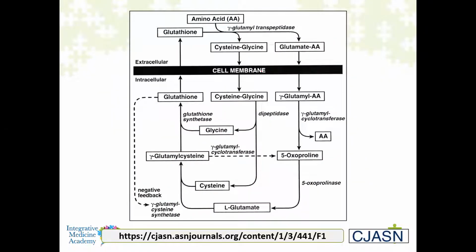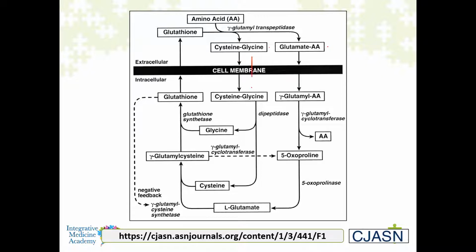This is another view. Okay, so glutathione, whether it's staying internal within the cell or gets taken extracellular and then taken into another cell, if it has to come back into a cell, it will get broken down by the gamma-glutamyl transpeptidase into a cysteine-glycine combo, as well as a glutamate amino acid.